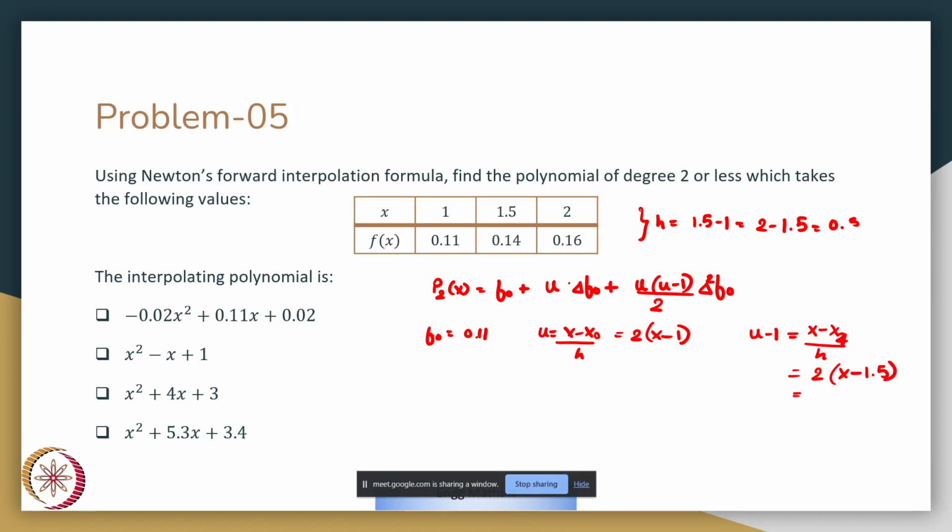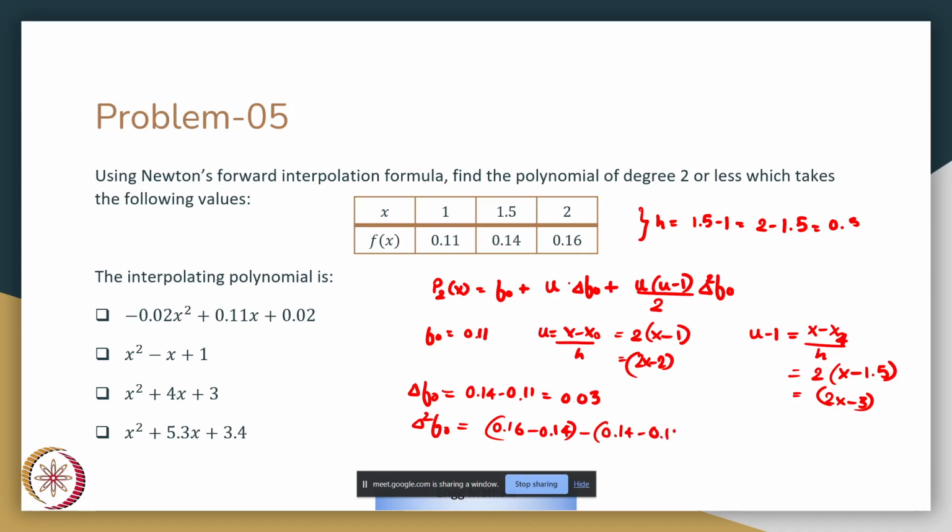So this is 2x minus 2, and this equals 2x minus 3. And we have the forward difference of f naught equal to 0.14 minus 0.11, which is 0.03, and the second forward difference of f naught equal to 0.16 minus 0.14 minus (0.14 minus 0.11). So this is minus 0.01.